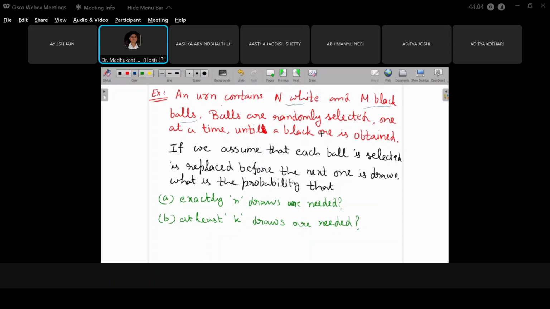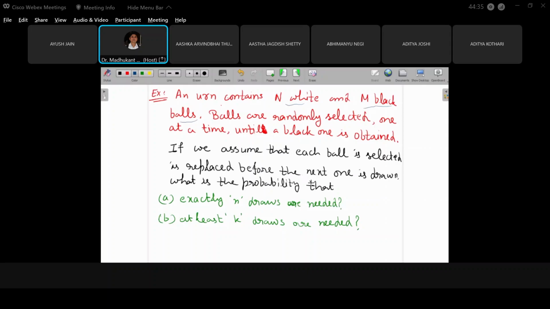So you are selecting balls randomly one at a time, and you are just picking, and until a black one is obtained. And how this draw is happening is, assume that each ball selected is replaced before the next one is drawn. Means you're just picking up, looking at the color, and putting it back if it is not black, before the next one is drawn.